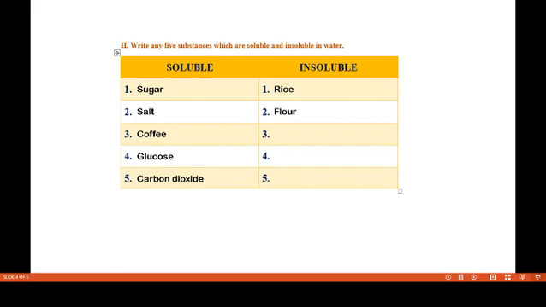They are not dissolved in water. So this is also insoluble. Corn. Corn also does not dissolve in water. And then pepper also does not dissolve in water. Sand also does not dissolve in water. So rice, flour, corn, pepper, sand are insoluble substances.